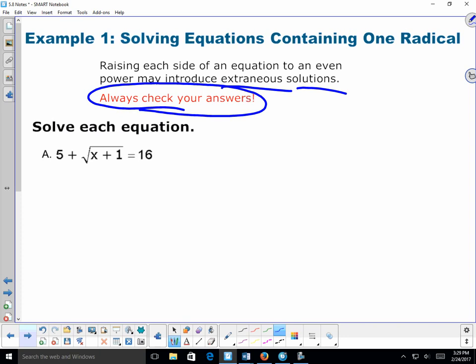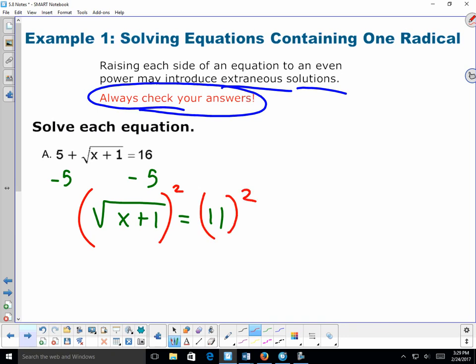Taking a look at this first one, 5 plus square root of x plus 1 equals 16. We're trying to solve this equation. Our first step is to isolate the radical, so I'm going to subtract 5 from both sides. We get square root of x plus 1 equaling 11. At this point, we're going to square both sides because the index was understood to be a 2, and we want to raise both sides to that index power.